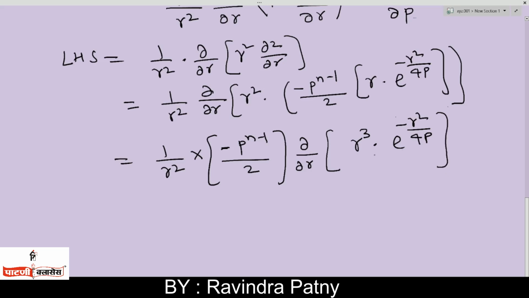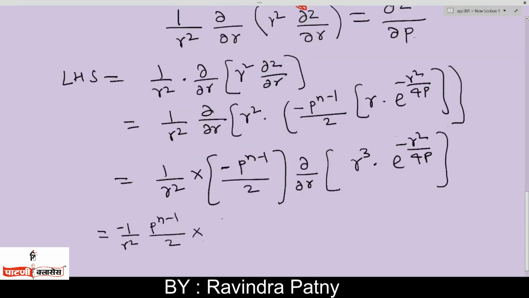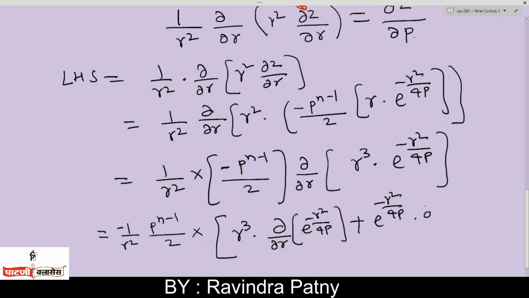Therefore we need to do the partial differentiation with respect to r using the product rule, which equals r cube into the partial derivative of e raised to minus r square upon 4p, plus e raised to minus r square upon 4p into the partial derivative of r cube.